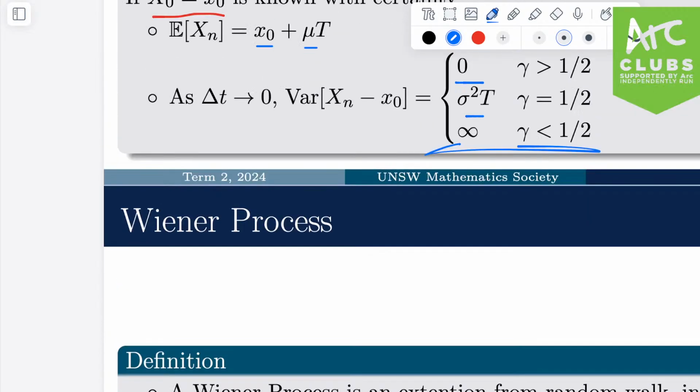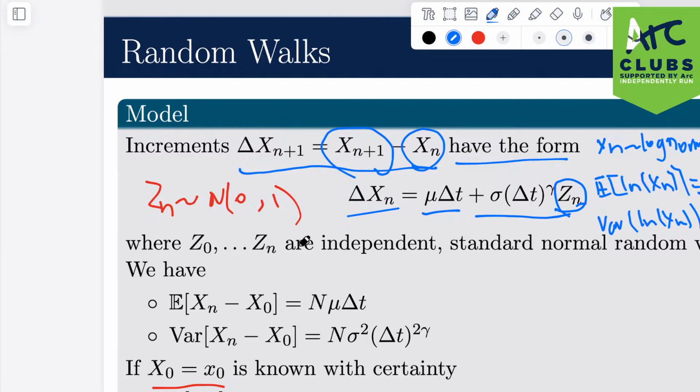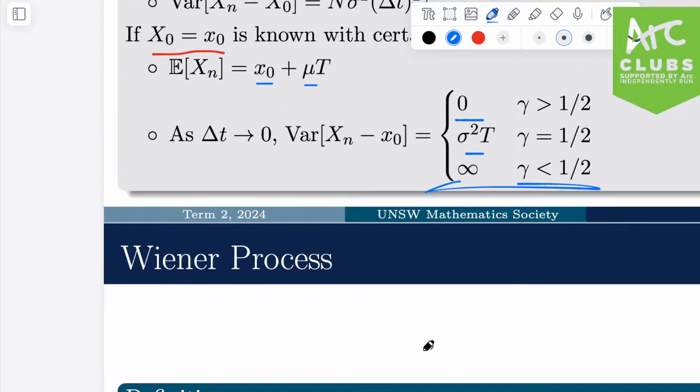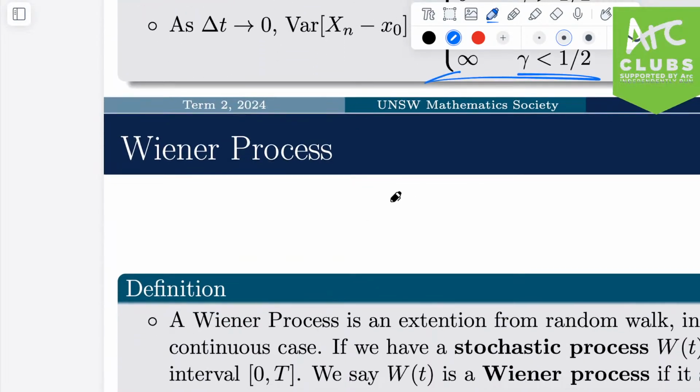Okay, so that was on random walks. Now we are moving from random walks to the Wiener process. A Wiener process is just a random walk, but in the continuous case.